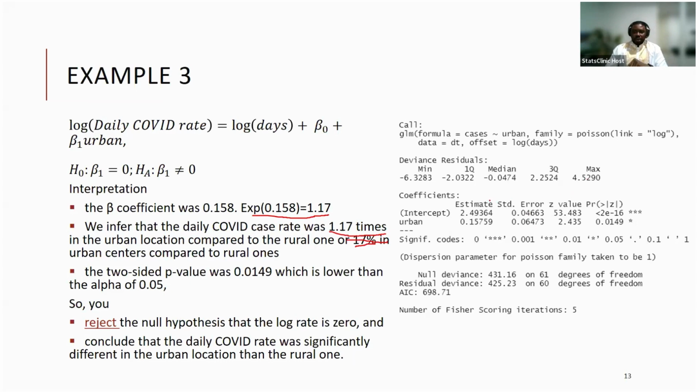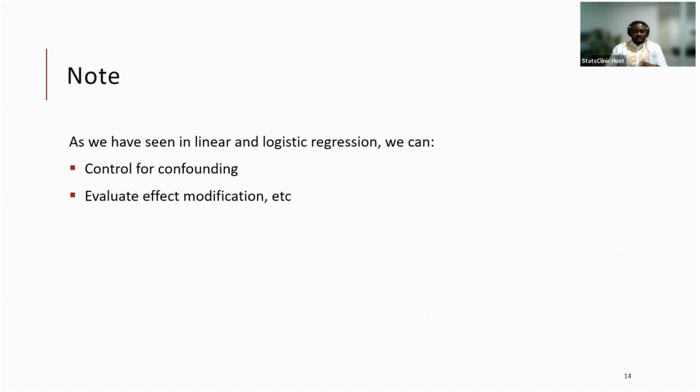All right, things to note: as we have seen in linear and logistic regression, we can control for confounding in Poisson regression. We can look at non-linearity. We can evaluate effect modification. Basically the general principles that we looked at in linear and logistic regression, you can do here as well.